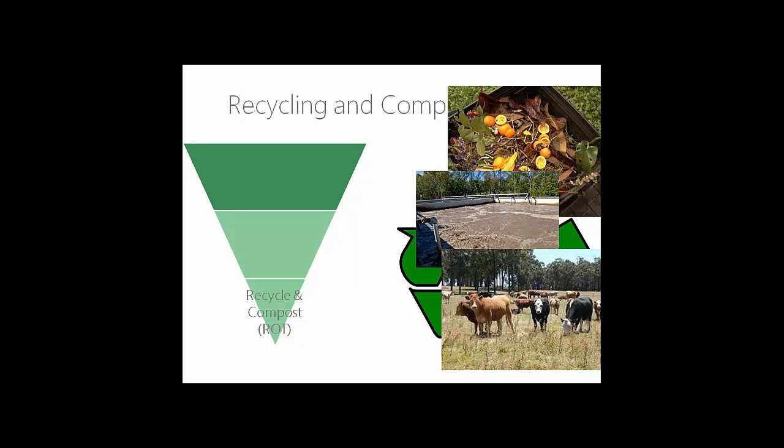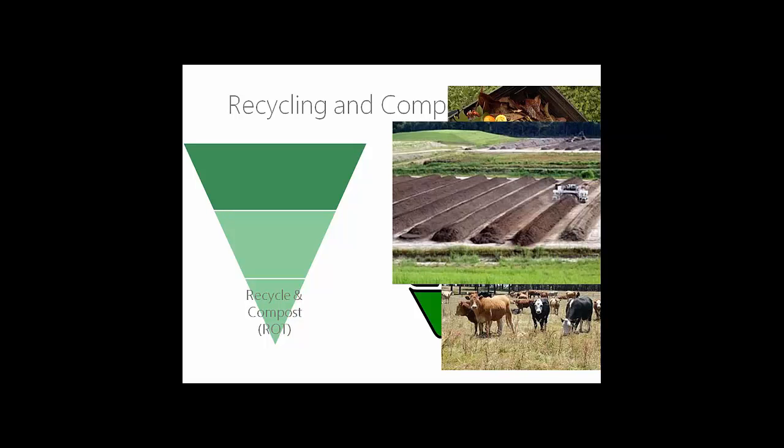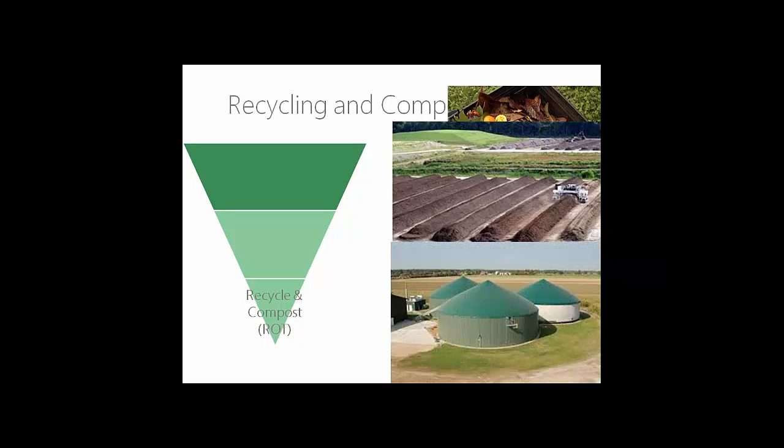It creates a biofuel that can go into the energy grid, and then we take the actual solid byproduct and land apply it. We can also compost in aerobic windrows such as this. And then, like I said, the biofuel, we can collect the gas.